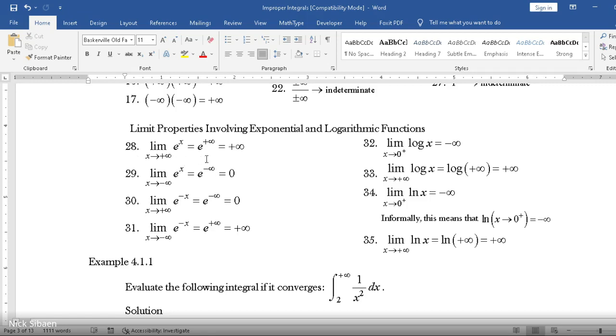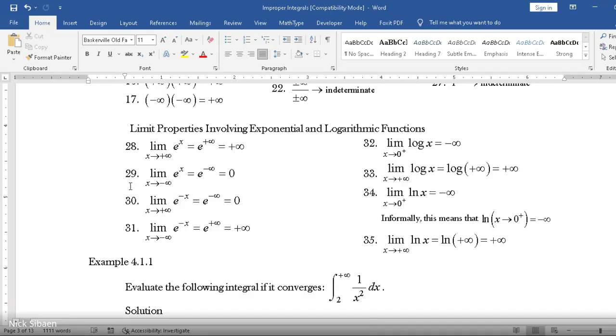Andyan yung exponential at logarithmic functions natin. So of course, the argument of the limit, it's e raised to x, parang ganun dyan. E raised to a lang yung variable natin dun sa problem na sinusolve natin. And it's the negative infinity. So number 29, I think, is appropriate. Tama ba? Yes, sir. Yeah. Limit of e raised to x as x approaches negative infinity is equal to 0.